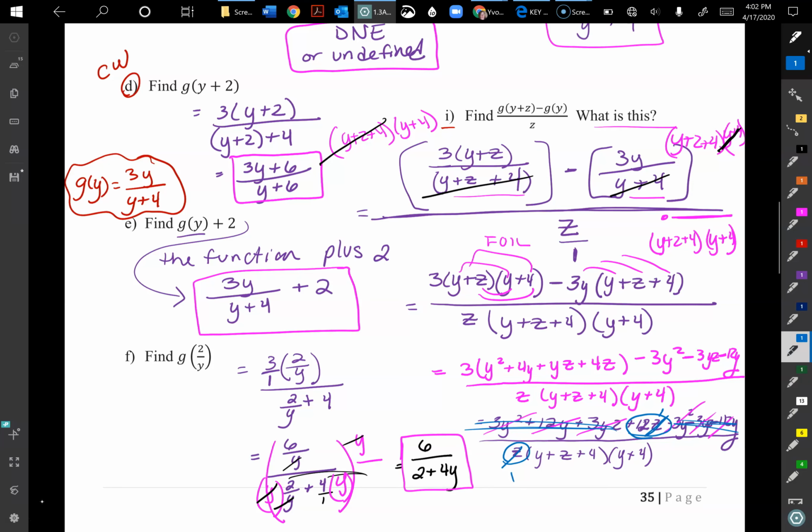So I have a factor with a factor, and I can reduce it. And so my final answer is going to be 12 divided by y plus z plus 4 times y plus 4. And that's called the difference quotient.